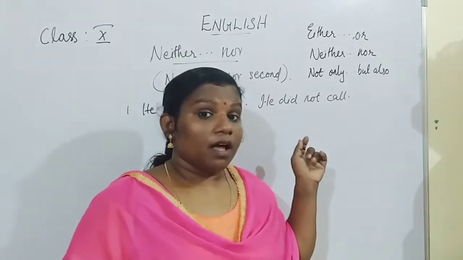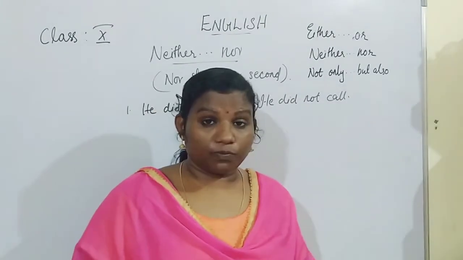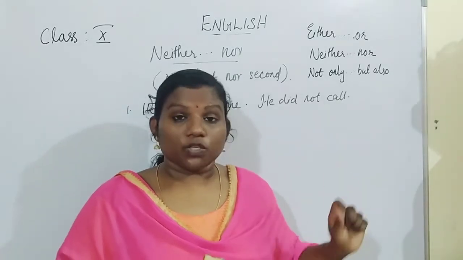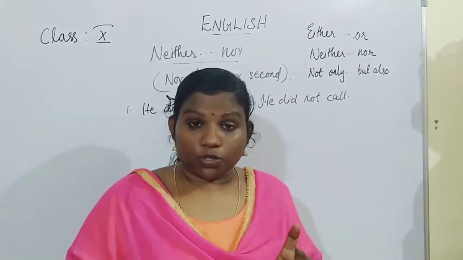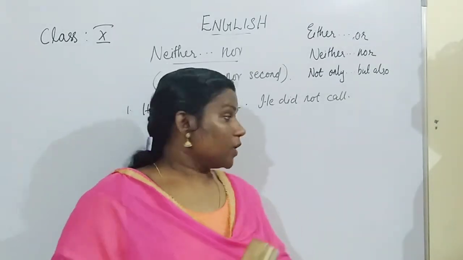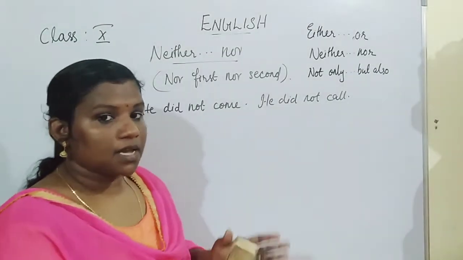So in these two sentences there is the negative form, the word not. When we are combining these two sentences with neither...nor, we should not repeat the word not in that sentence.